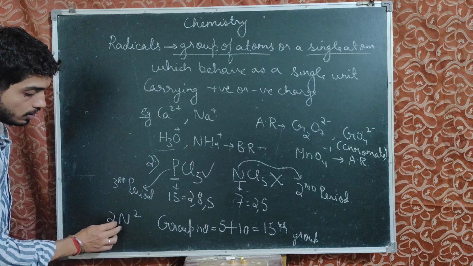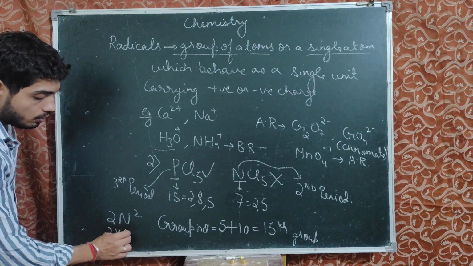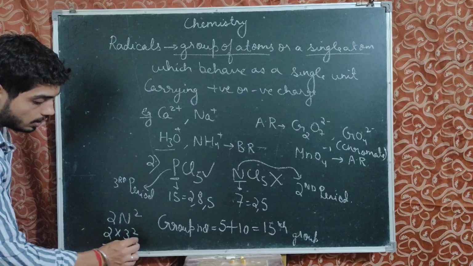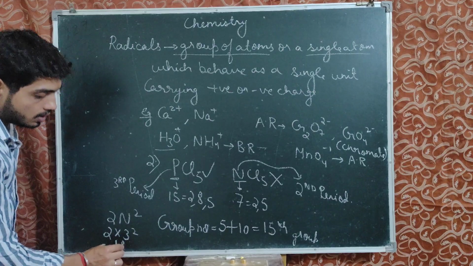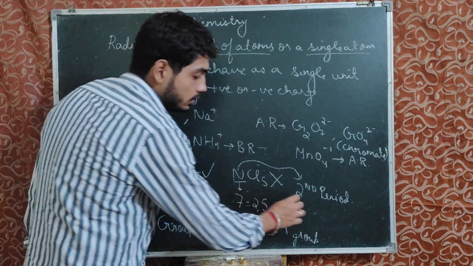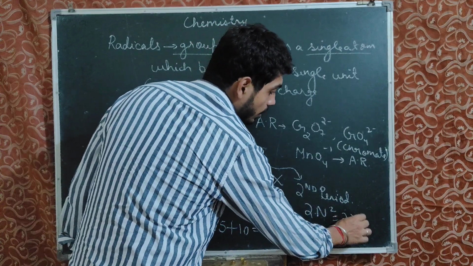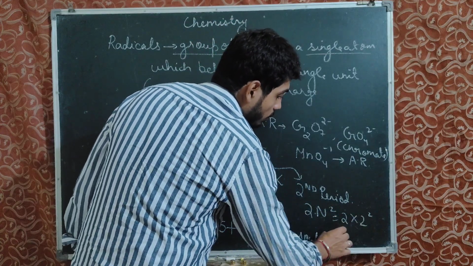So if I put here 3, 2 into 3 square is 2 into 9, which is 18. And if I talk about the second period, 2n square is 2 into 2 square, 2 into 4, which is 8.